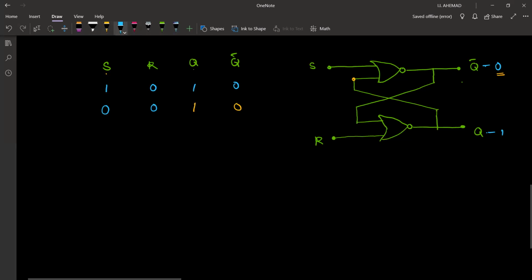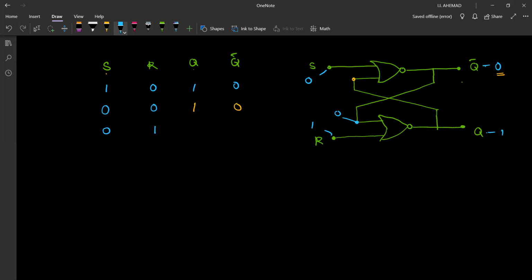When I reset it, set is 0. So this is 0, this is 1. So Q bar is 0. That means this is 0. 0 or 1, that is 1.